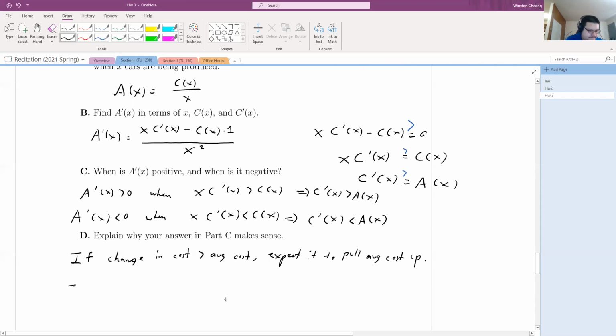And then vice versa, if the change in cost is less than the average cost, then you expect it to pull the average cost down.